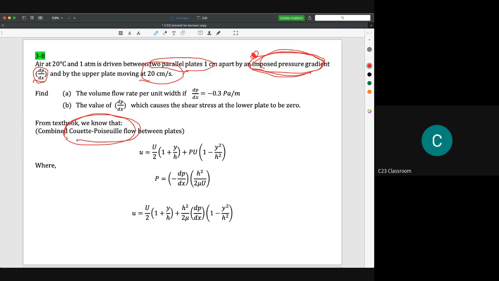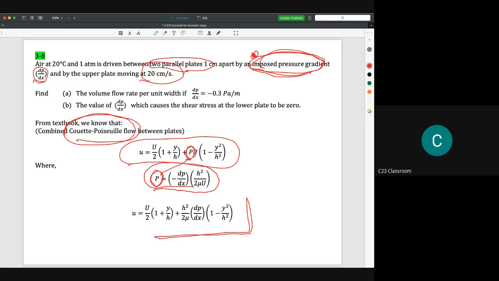So the equation becomes like this, from the textbook, and the P here reflects the total value of pressure. So what we need to do is substitute the value of P into this equation, and we can write the equation like this.